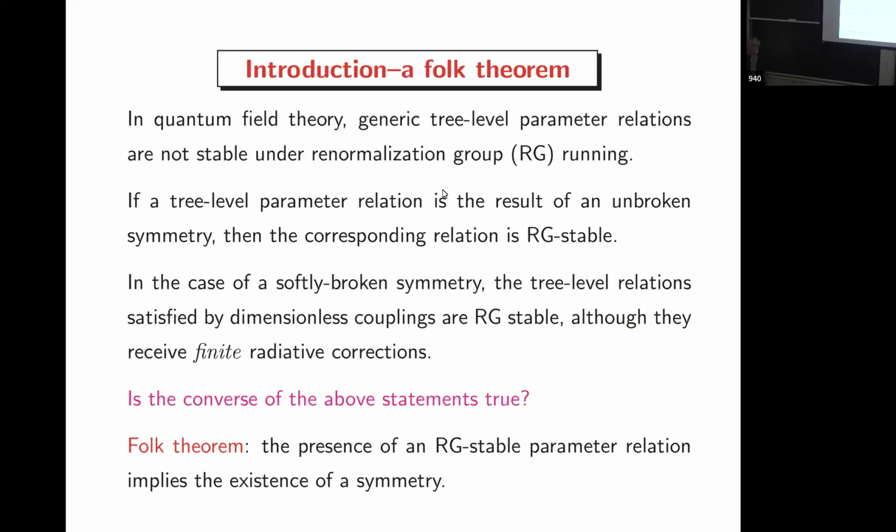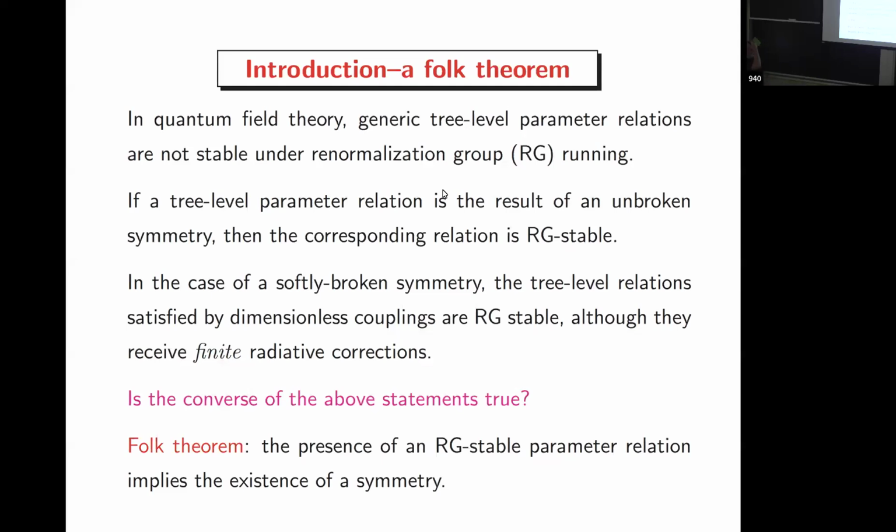Okay, so in quantum field theory, there could be a lot of parameters, and if you just by hand say, I want this parameter equal to that parameter, or some other parameter relations, you know that that's in general going to be a statement that is not preserved at all scales. And therefore setting that parameter relation is considered a fine tuning.